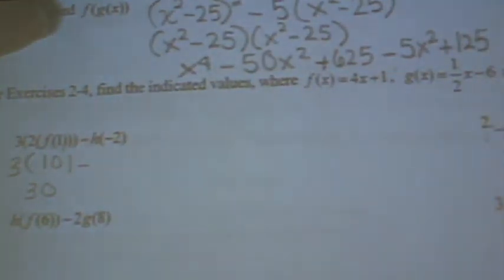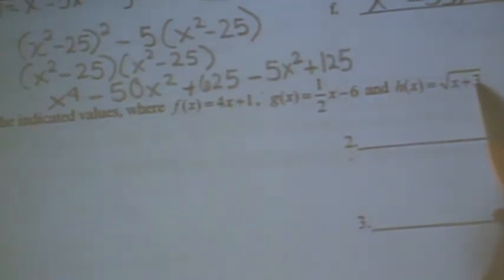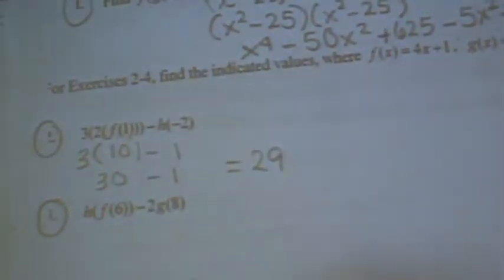And then minus, because of these parentheses, yep. Minus, -2 goes into the H function. -2 plus 3 is 1. What's the square root of 1? 1. And then 30 minus 1 is 29. For a minute, I thought that was all in, so it was 3 times all that. Yep, good.